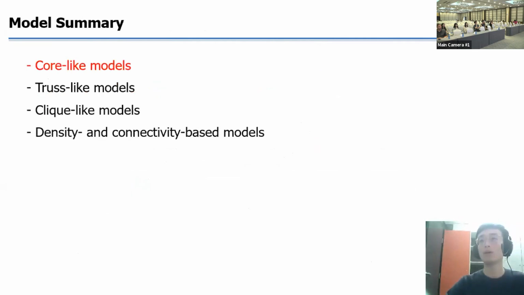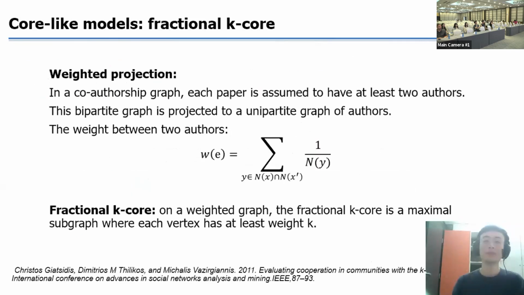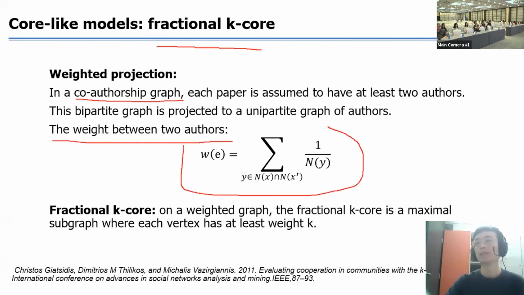Firstly, I will introduce core-like models. The first model I would like to introduce is called the fractional k-core, which is originally designed to handle author-paper networks. Generally speaking, it projects the bipartite network into a weighted unipartite network of authors, which is a co-authorship network. And the weight between two authors can be computed using this function. Here, x and x prime denote two authors, and y denotes the papers they have co-authored.